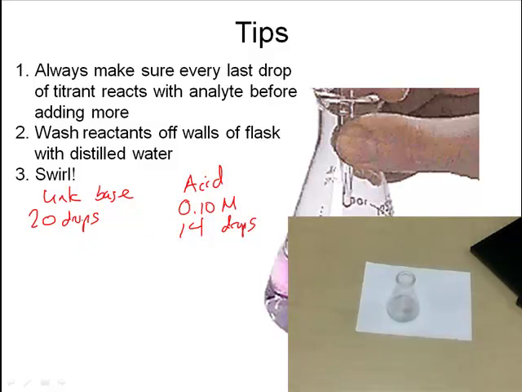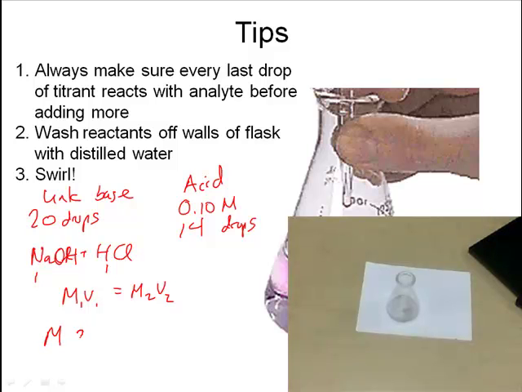So because I added sodium hydroxide and hydrochloric acid together, it's a 1-to-1 ratio. So that means I can use my M1V1 equals M2V2 equation. So here the molarity of the base is unknown, so that's M1.